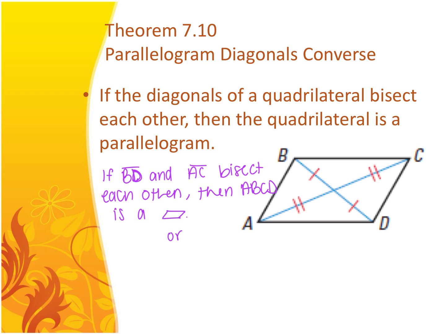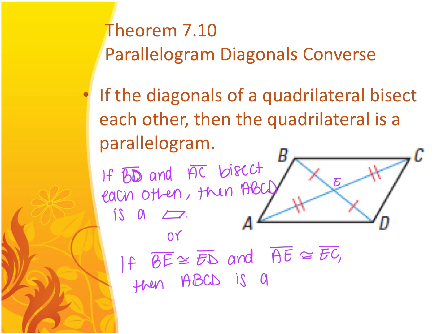Or it could be written as: I'm going to go ahead and put an E right here in the middle. If BE is congruent to ED and AE is congruent to EC, then quadrilateral ABCD is a parallelogram. Those are the two ways they could be written.